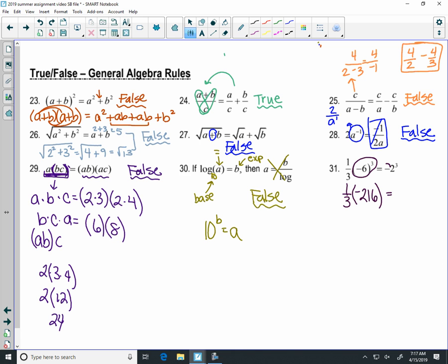On this other side, the negative is outside of what we're doing here. So this is negative 2, or sorry, we can actually do 2 to the third. So that's going to be negative 2 to the third is 8. So we have negative on both sides, but 1/3 of 216 is definitely not negative 8. It's actually negative 17. So those are not equal. So this one is false as well.